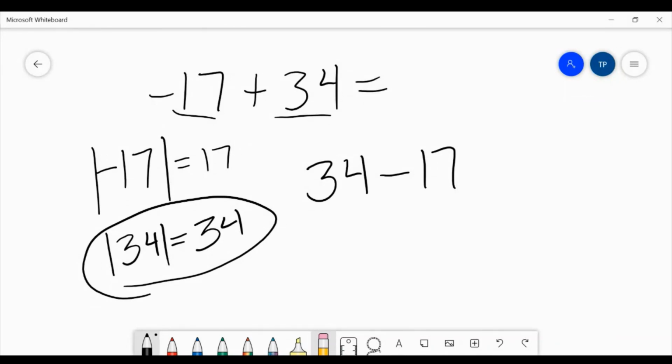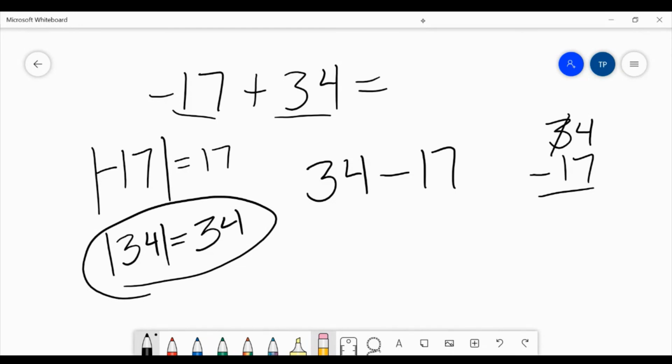Okay. And I'm going to go ahead and set this up as column subtraction, so it's just a little bit easier. We'll take it back to elementary school here, right? So I have 4 take away 7. Well, I can't necessarily do that in this section with our ones, right? So I have to borrow from my tens.